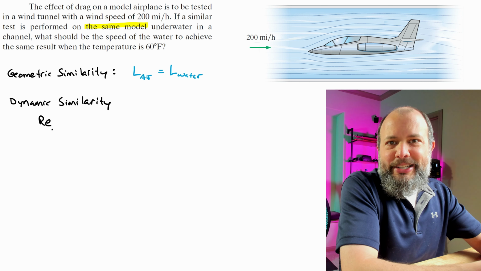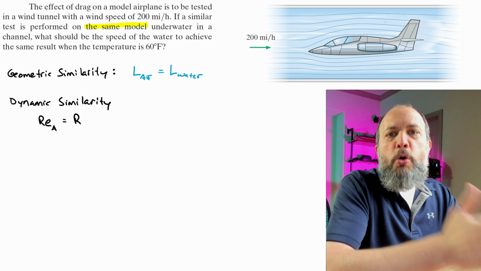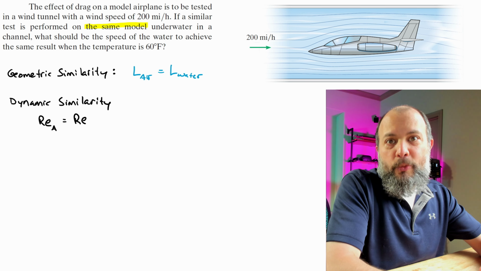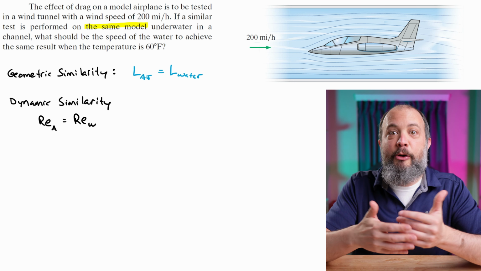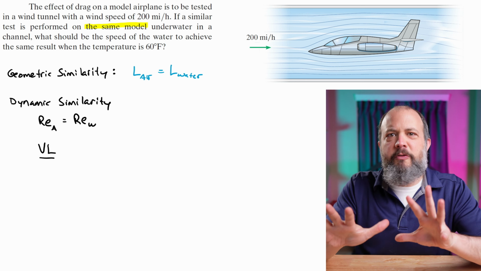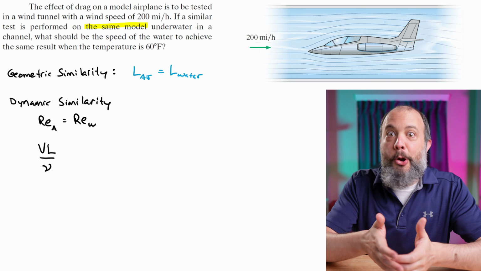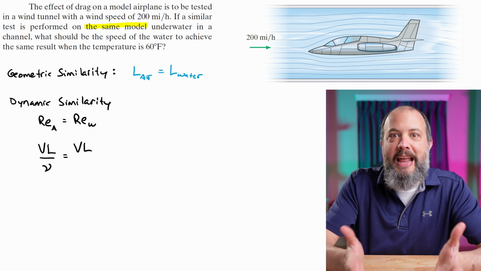So realistically, the best you can do normally is to pick the single variable that is most important and just make that one match. For flow over an immersed body, right, aerodynamics, that's always going to be the Reynolds number. So any type of model studies problem that's sort of like a wind tunnel problem, Reynolds number is the one that you want to use for dynamic similarity.